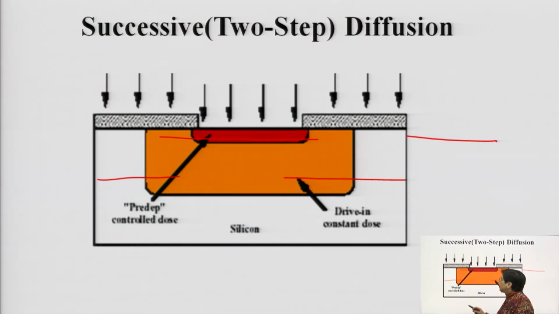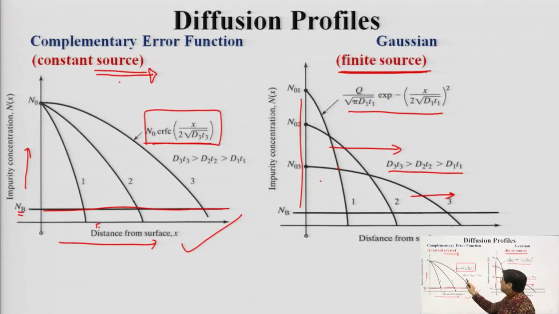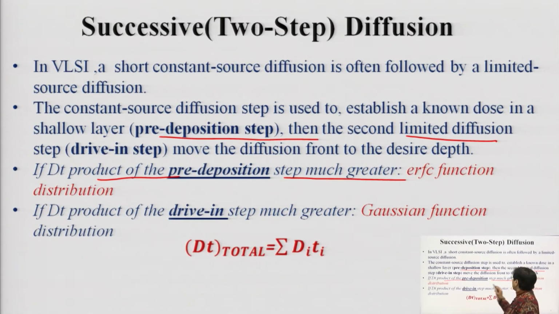To get the desired diffusion profile, if the Dt product of the pre-deposition step is much greater than that of the drive-in, we call it an error function distribution. If the Dt product of the drive-in step is much greater, then we call it a Gaussian function distribution. The penetration depth is proportional to the Dt product, so you need to check these two cases, and accordingly you decide what kind of diffusion profile is needed for your device to get the desired electrical properties.